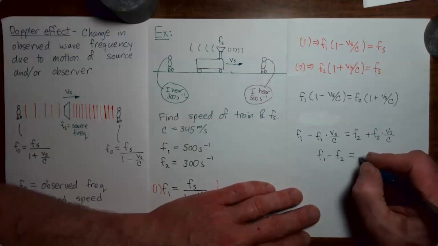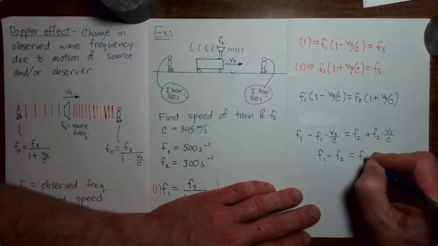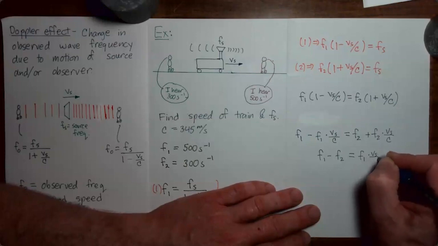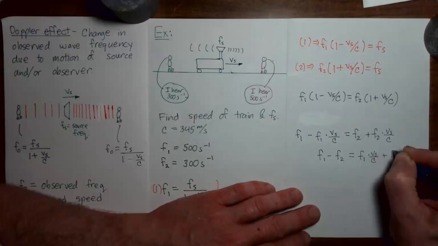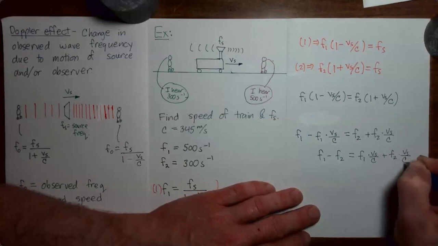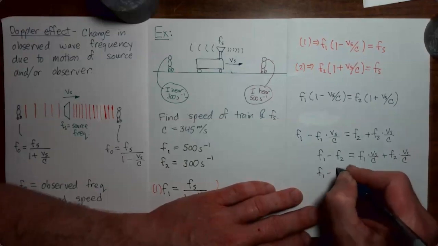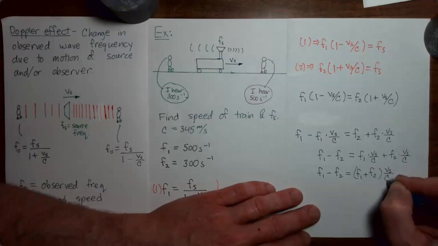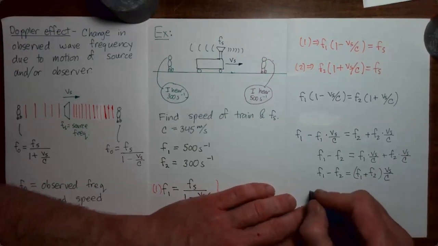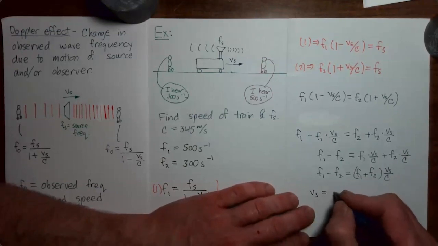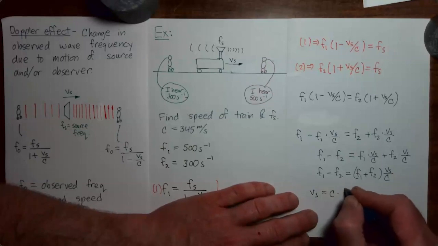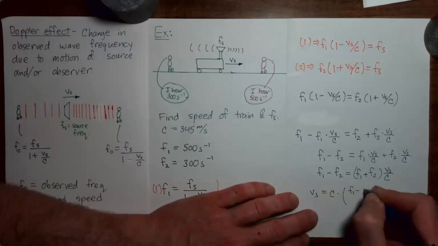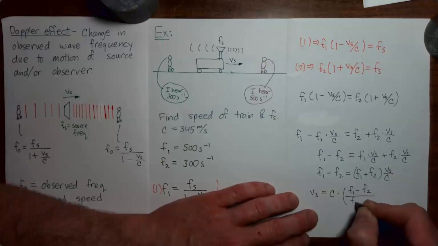So I end up with, on the right, F1 times Vs over C plus F2 times Vs over C. On the right now, factor out F1 plus F2, all of that times Vs over C. So now isolating Vs, we get Vs equals C times F1 minus F2 over F1 plus F2.